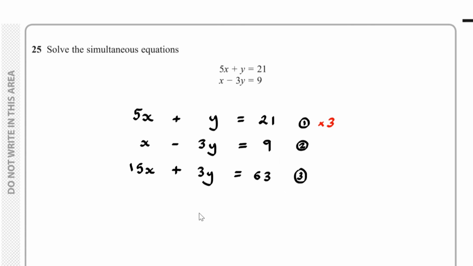And so what we can do is recognize, because we have the same coefficient of y and opposite signs, we can add equation 2 and 3 together. So we have equation 2 plus equation 3. x plus 15x is 16x. 9 plus 63 is 72.